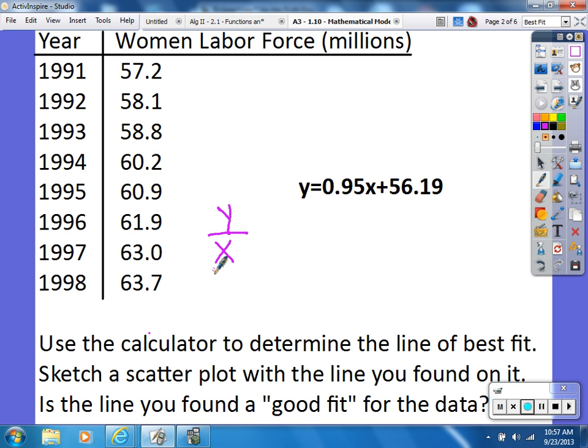Which one's my y? The women? Women. And my x is the years, right? And I'm going to rewrite this. 0.95 over, what can I put anything over? And it stays the same. 1.